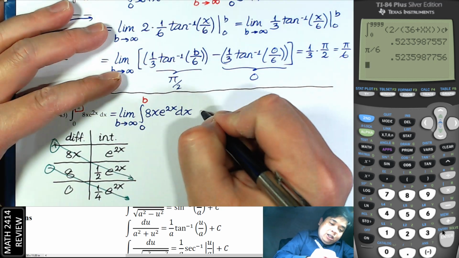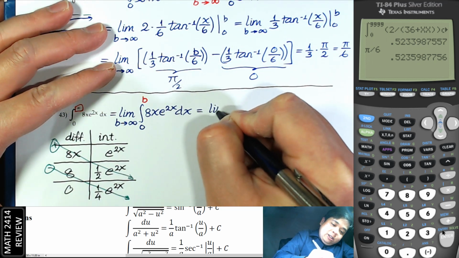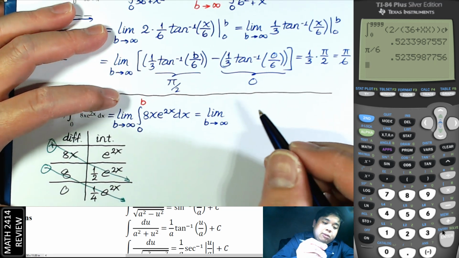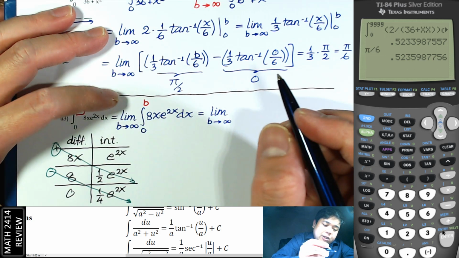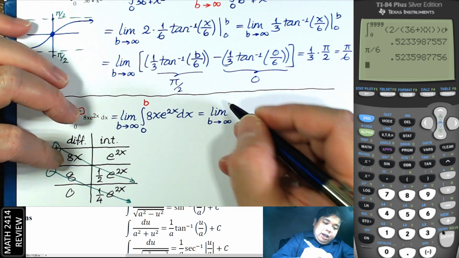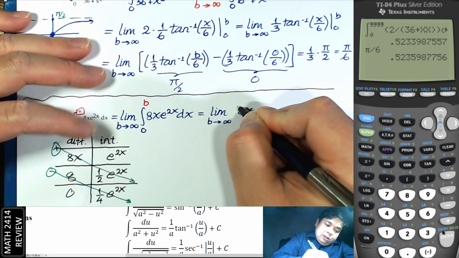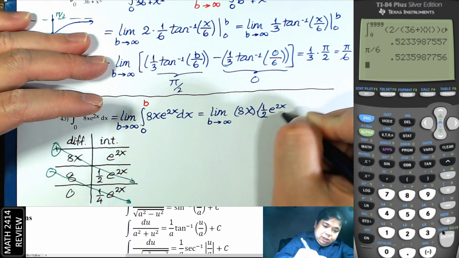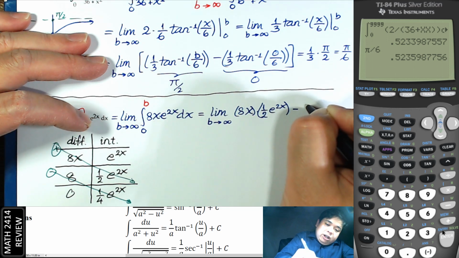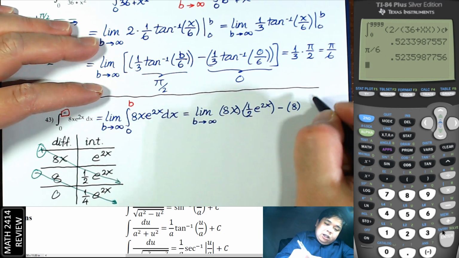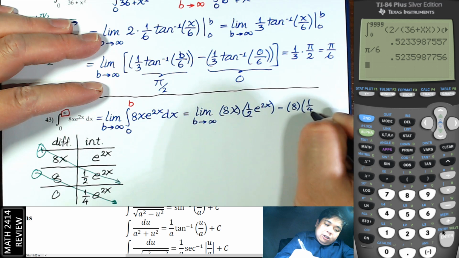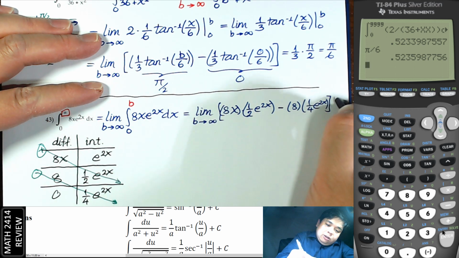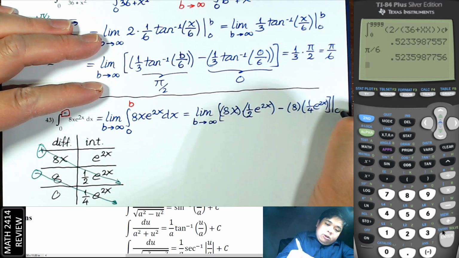Alright, so that integral gives us x times 1/2 e to the 2x, subtract 1 times 1/4 e to the 2x, go from 0 to b.